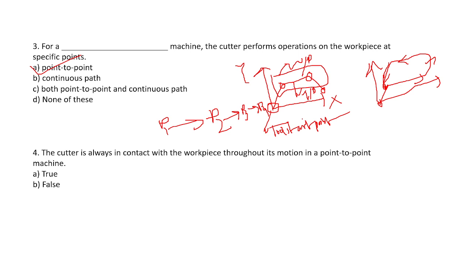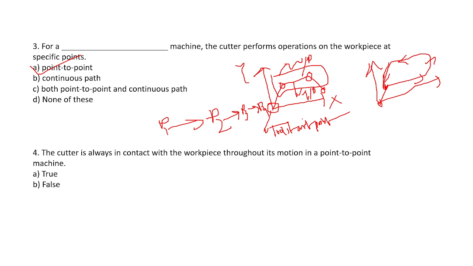For continuous NC machines, you can find that the cutter is mostly in contact with the workpiece during the motion, but not every time.